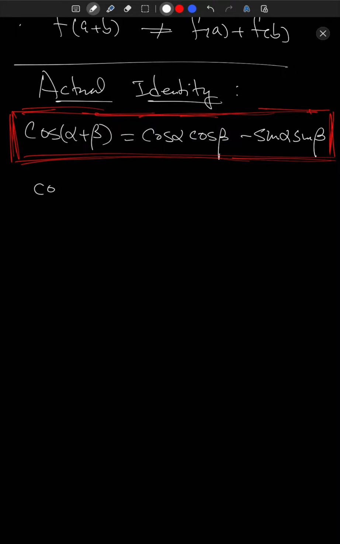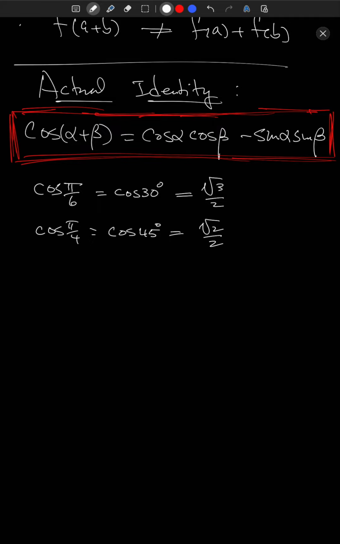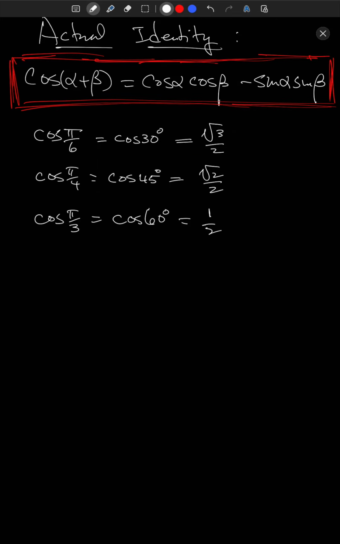We can calculate cosine of, well, we've supposedly, hopefully, memorized this, cosine of 30 degrees if you want to work in degrees, and that's root 3 over 2, right? What else did we memorize? Cosine of pi over 4, which is cosine of 45 degrees. That's equal to root 2 over 2. We also know cosine of pi over 3 is cosine of 60 degrees, which is 1/2.